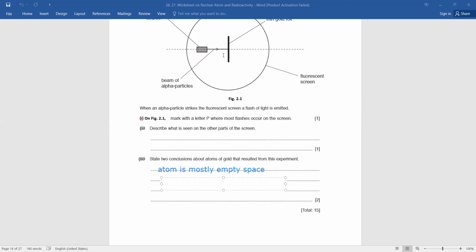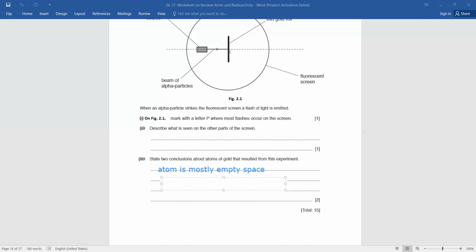Why are they deviating there? Because alpha particles are positively charged and the nucleus contains protons, which are also positively charged, so they are repelling each other.